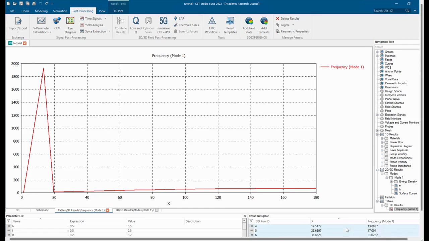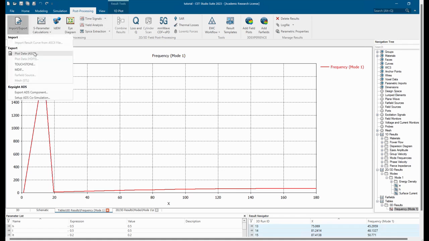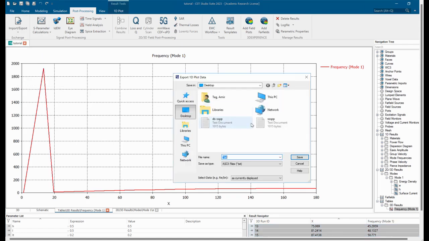If you check the values here, you can see the value of the outlier at about 13.3 degrees. We can discard it by going to post-processing and then plot data in ASCII format, and you can save it, and then we can do further processing in order to trace a clean SSPP dispersion diagram.